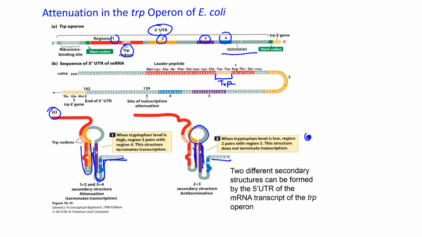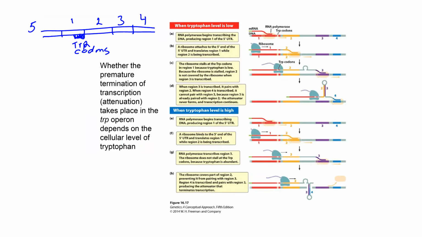So how does attenuation work? The best explanation you can find is in the animation you have in Launchpad. I strongly advise you to go back and watch that animation. It explains attenuation in great detail and very clearly. I will try to outline only the major points here.